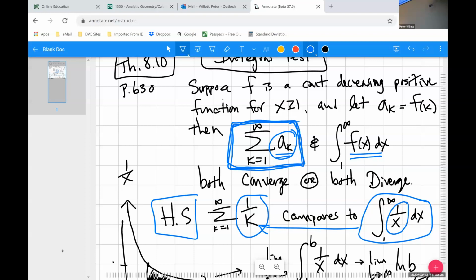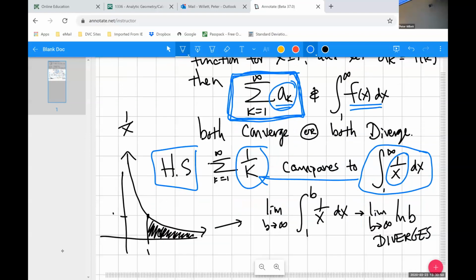Could I determine whether the improper integral from 1 to infinity of that function converged or diverged? That would be a chapter 8 problem. If this produced a chapter 8 problem that we could do, like the one that we just did here as an example from before, then whatever you conclude about converging or diverging for that improper integral directly also is true about the series converging or diverging.